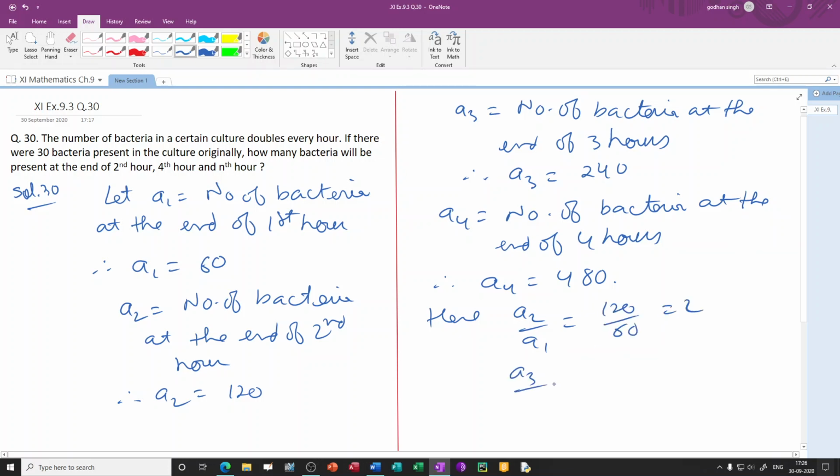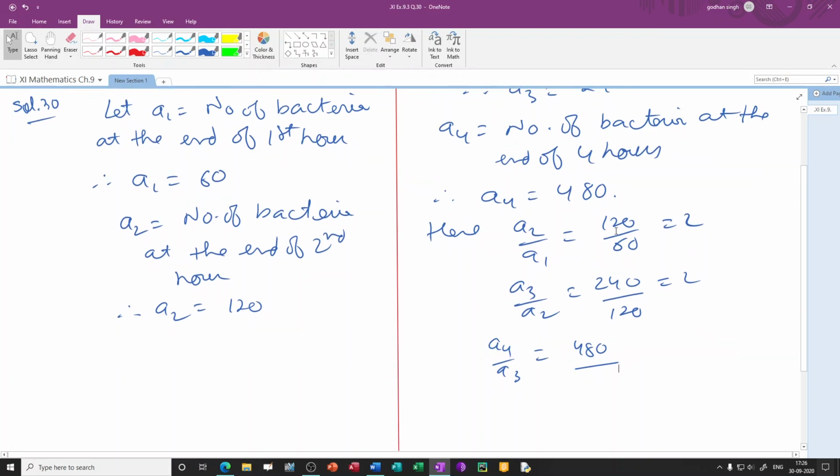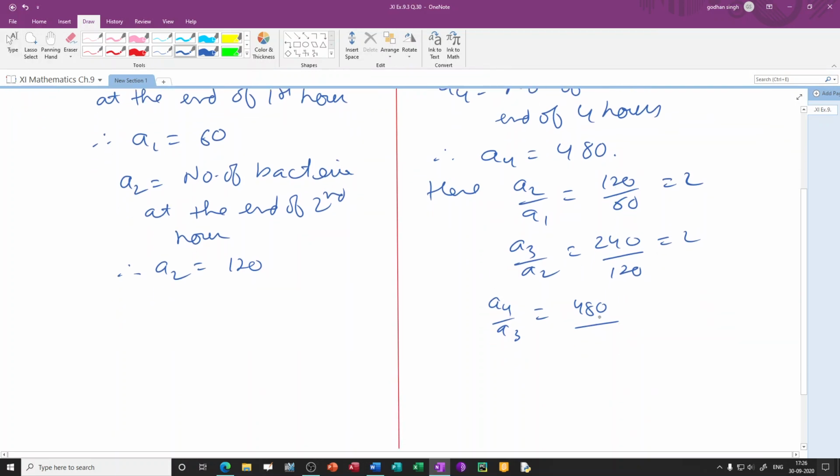A3 by A2 equals 240 by 120, which is again 2. A4 by A3 equals 480 by 240, again 2.